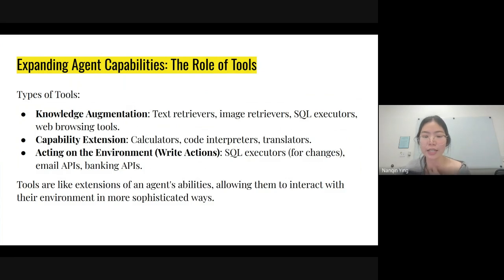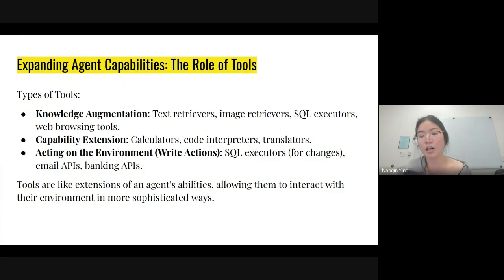They mentioned three kinds of tools: knowledge augmentation, capability extension, and acting on the environment, the write actions.